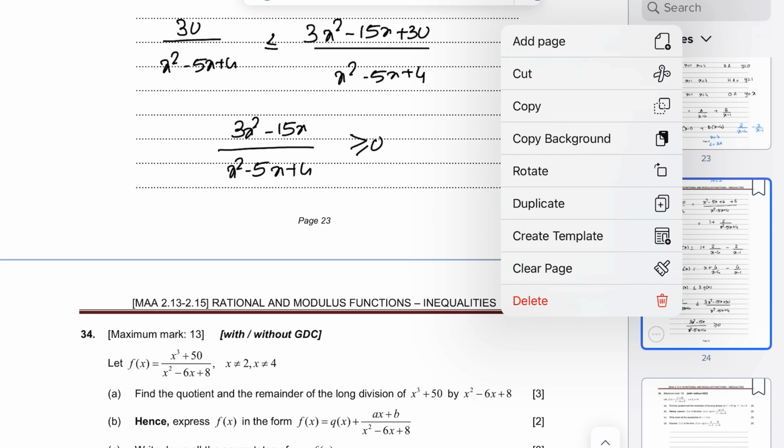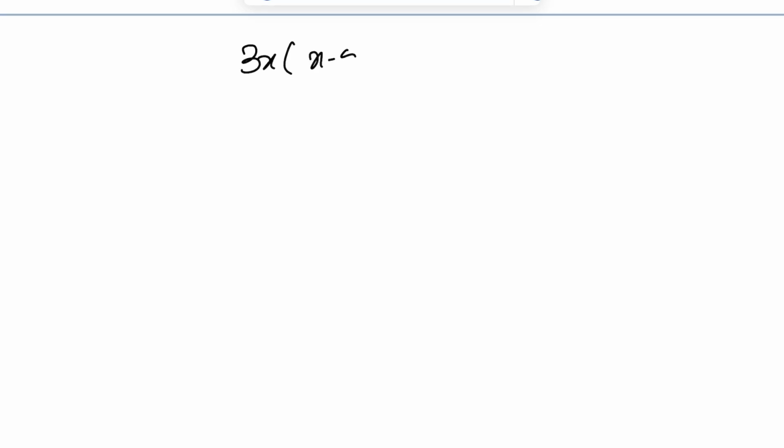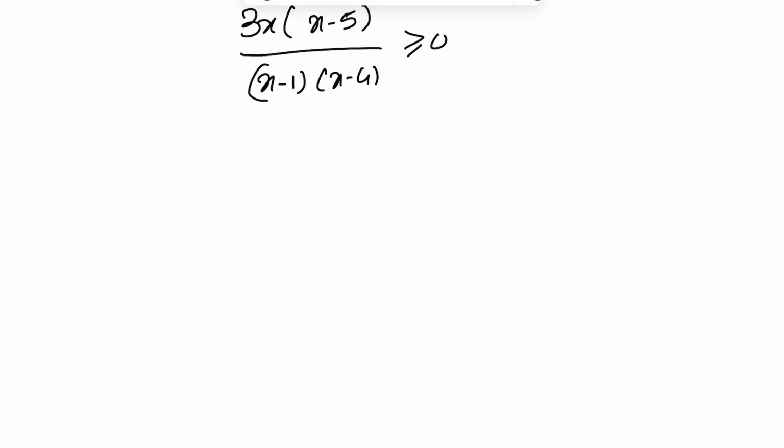Then 3x times x minus 5 divided by x minus 1 times x minus 4 is greater than or equal to 0.